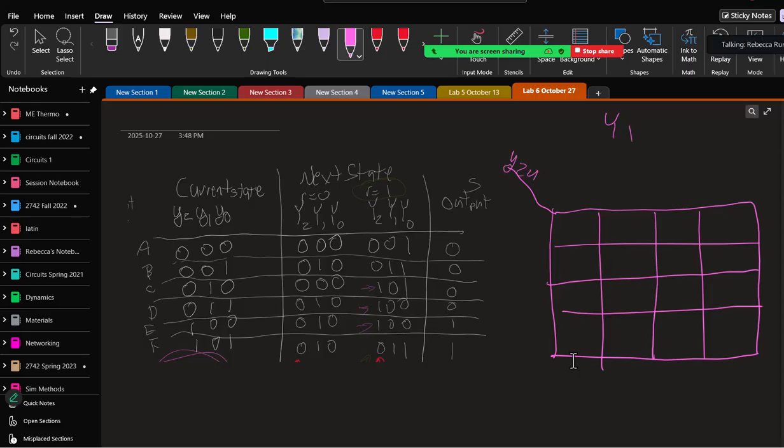And this will be y2, y1, y0, r. We'll have the same don't cares because it's the 1, 1s that we don't have. And now we're looking at y1, so we're looking at the middle column now.